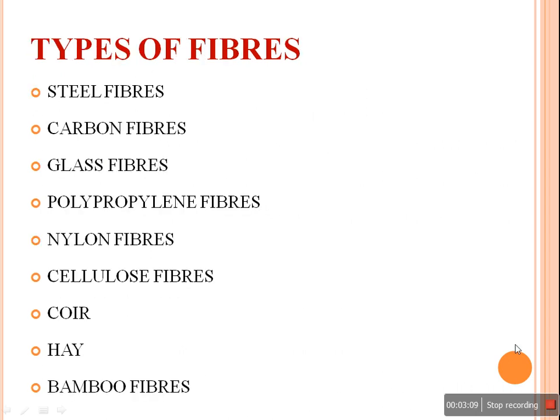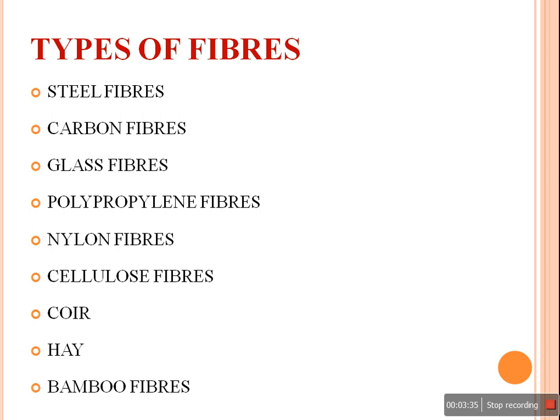So what are the different types of fibers available? There are different kinds of fibers that are available in the market. There are steel fibers, carbon fibers, glass fibers, polypropylene fibers, nylon fibers, cellulose fibers, coir, hay and bamboo fibers. So actually we can divide the types of fibers into two kinds, that is natural and artificial.